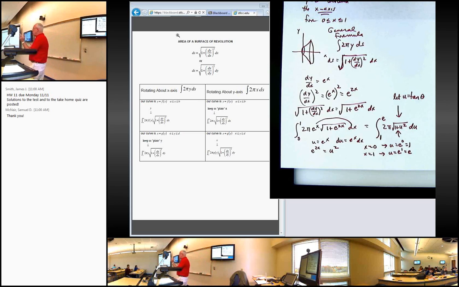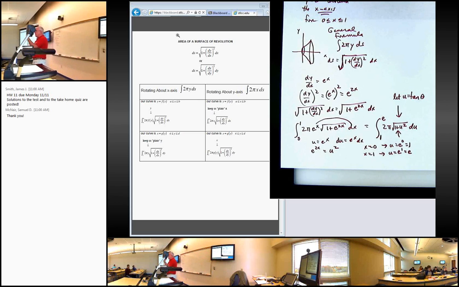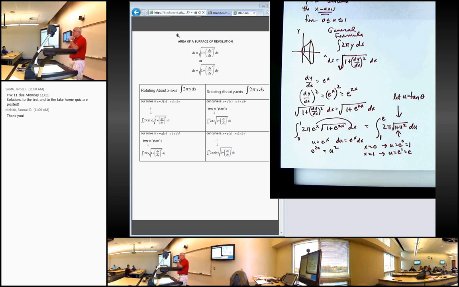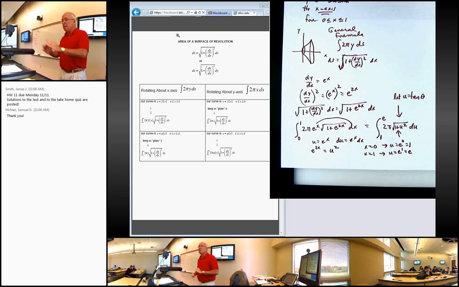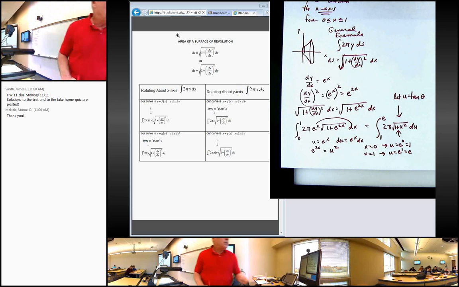If you finish this problem, then I'll give you, I don't know, yeah, I'll give you 5 points extra on the test. So if you finish the formula, I'll give you 5 points on the test. So let's just leave it at that. You got the message.